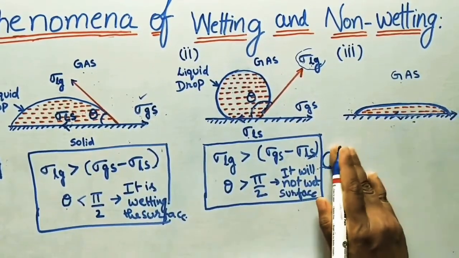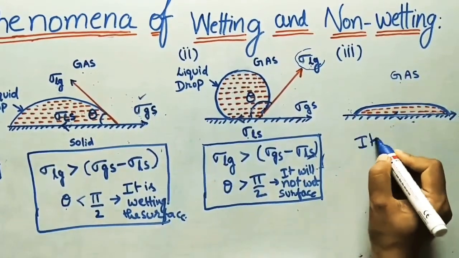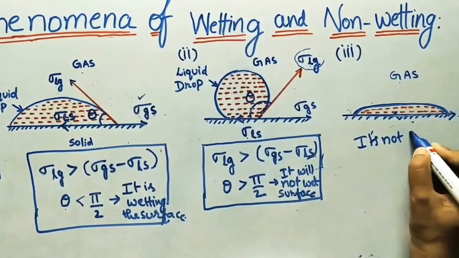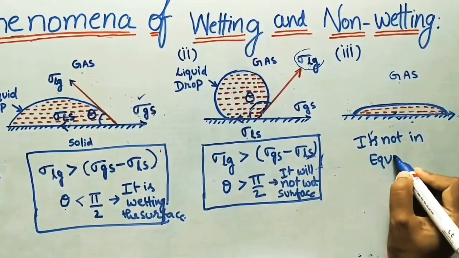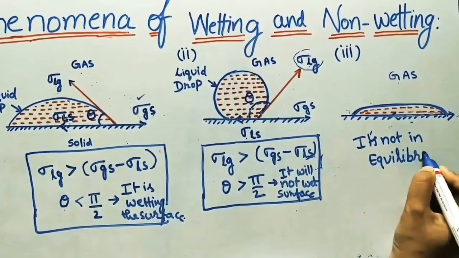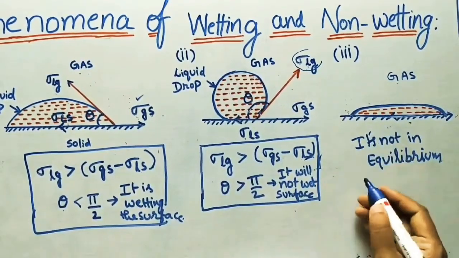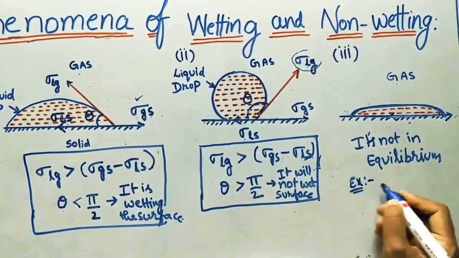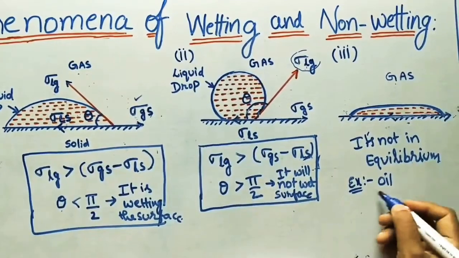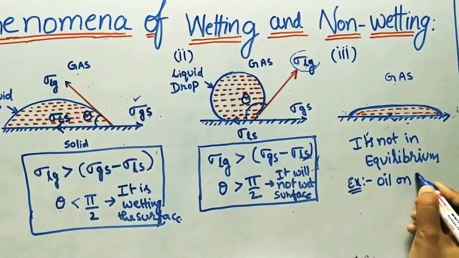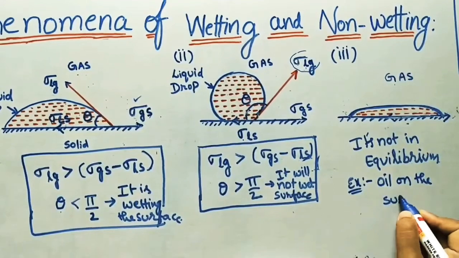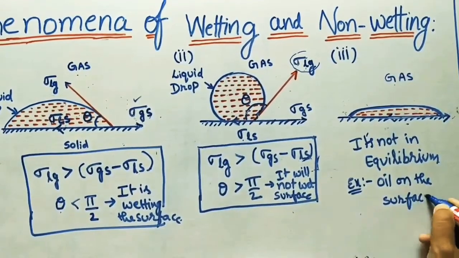So we can write here, it is not in equilibrium. It will just spread on the surface. For example, oil will spread on the solid surface.